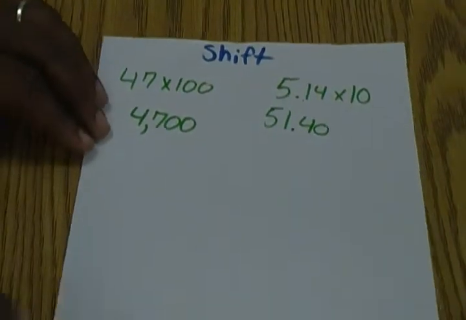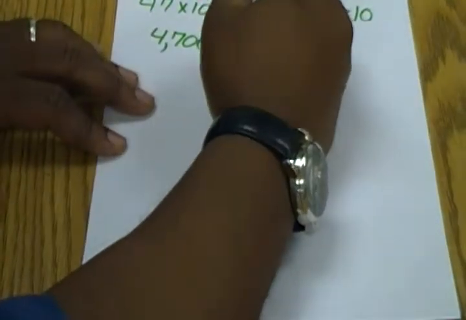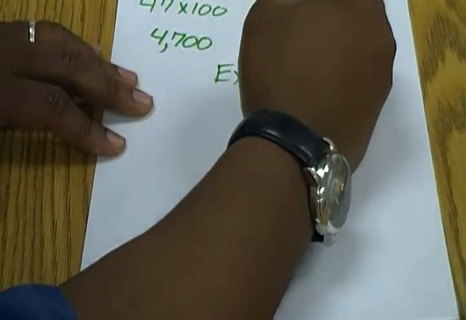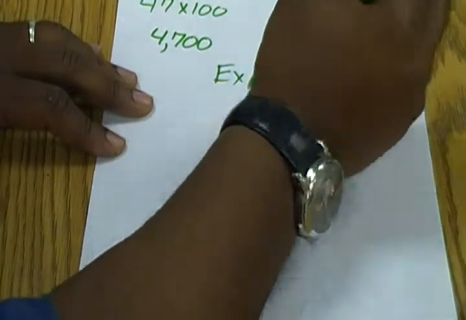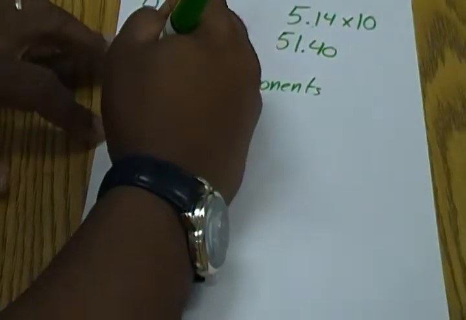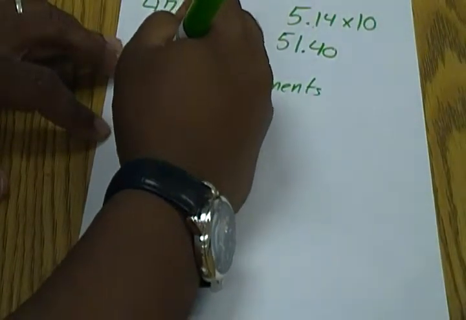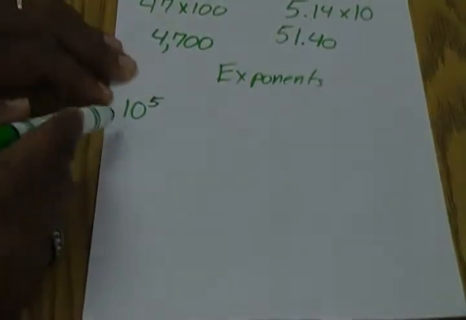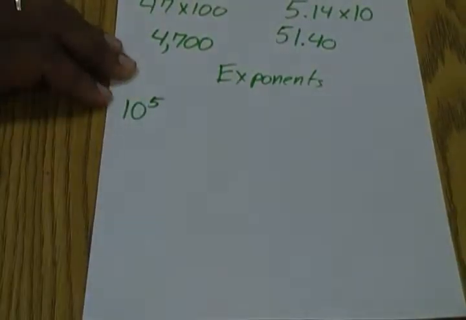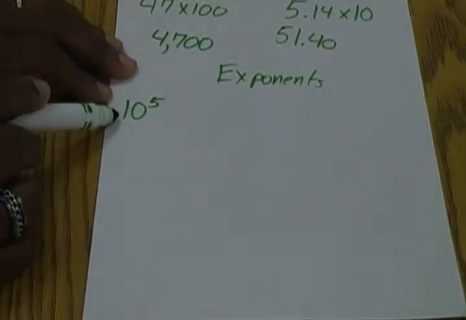We also talked about exponents. Alright, whenever you see an exponent, it's like this. You'll see 10 to the power of 5, or 7 to the power of 3, or whatever it may be. Your big number is your base number.